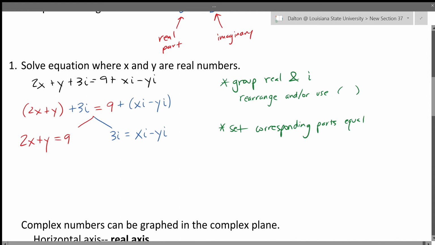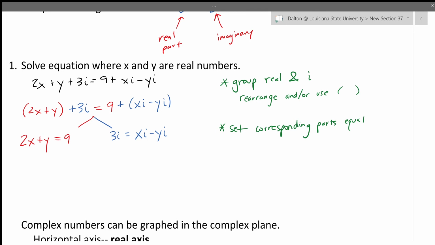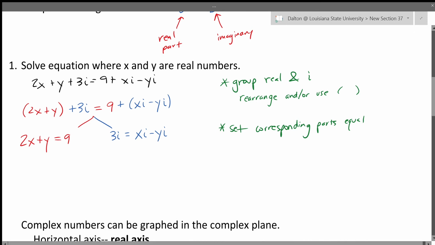Now, if I'm going to figure out what variables x and y need to equal, I need to try to simplify these equations as much as possible before proceeding. So I can go ahead and get rid of the imaginary component in the blue equation.